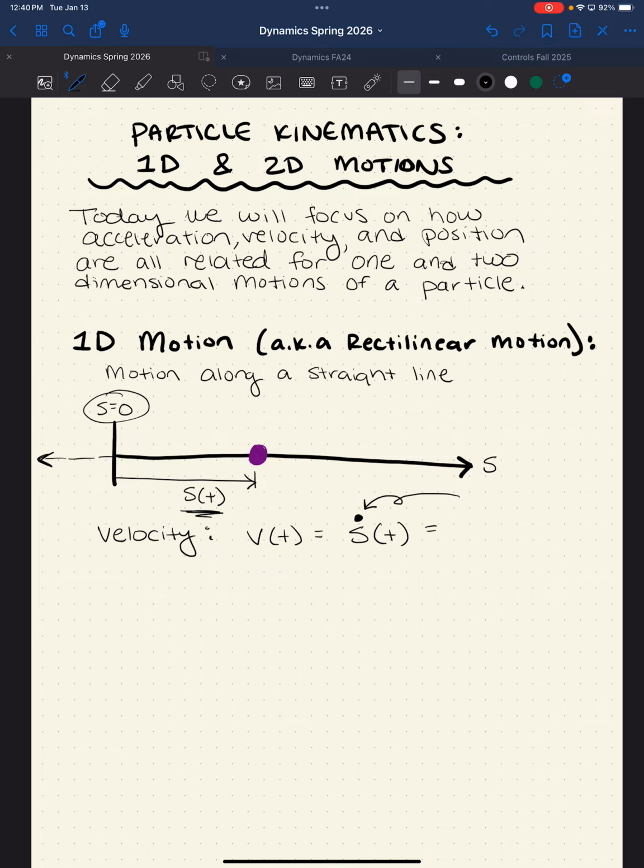Okay, so if I wanted to say ds dx, I cannot write that as s dot. S dot always means ds dt. Okay, so velocity is ds dt, and this dot notates time derivative.